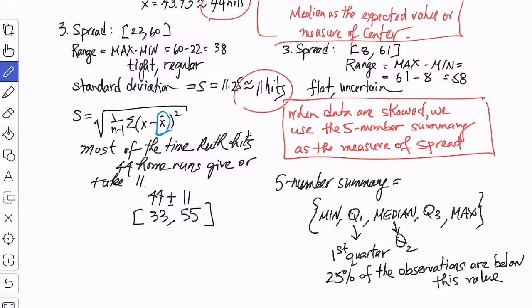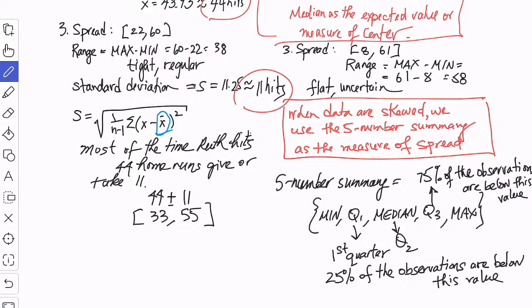And Q3 is where 75% of the observations are below it. Does that make sense?